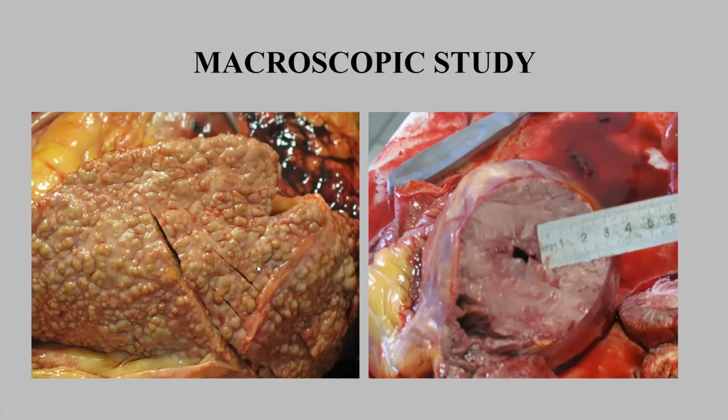We can see a liver with cirrhosis and hypertrophy of the heart. And we also use macroscopic methods in grossing, when hospitals and clinics send material to us, individual organs or tissue.